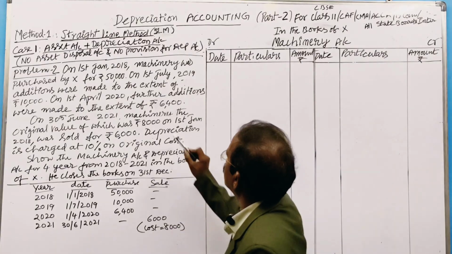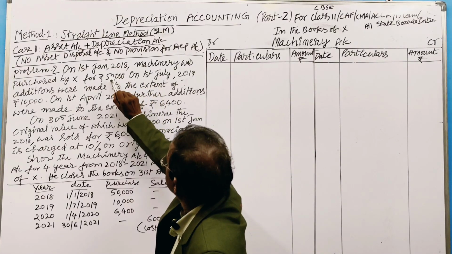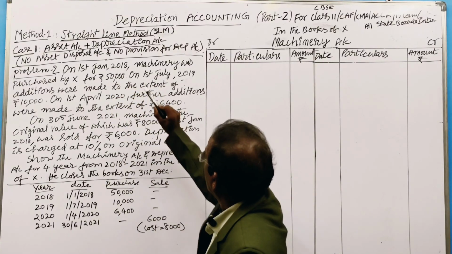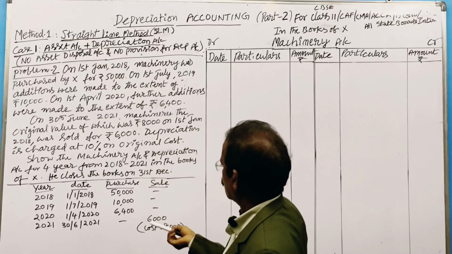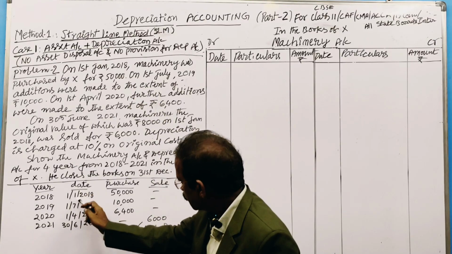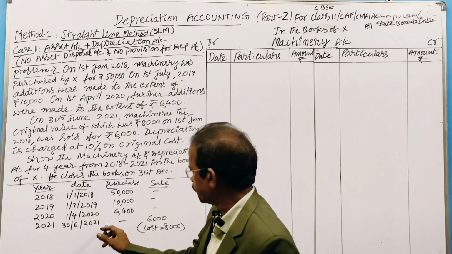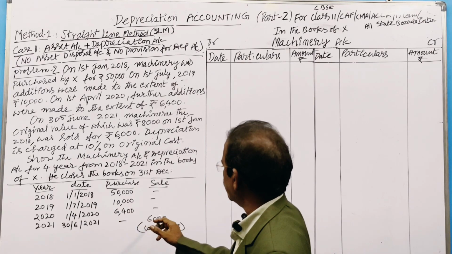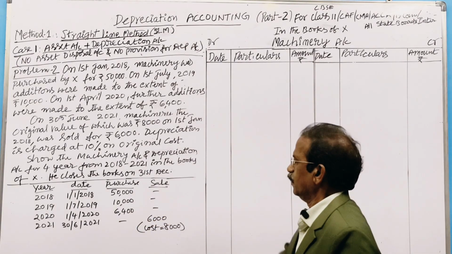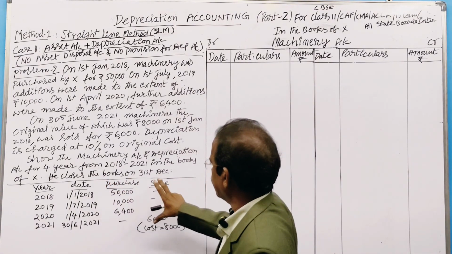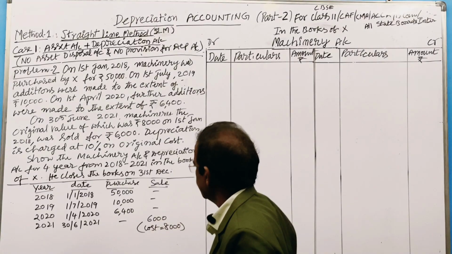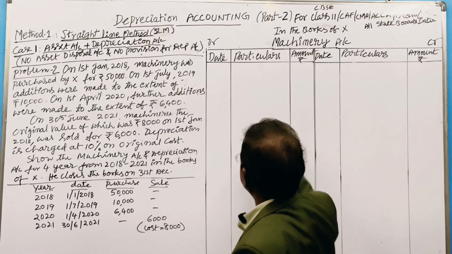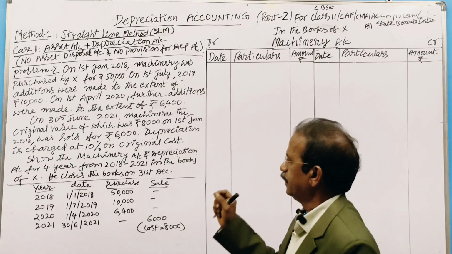This 8,000 is included in the 50,000. That 8,000 is sold after using for 3 years, 3.5 years, it is sold for 6,000. First, you have to write like this. Then your preparing machinery account will be very easy.